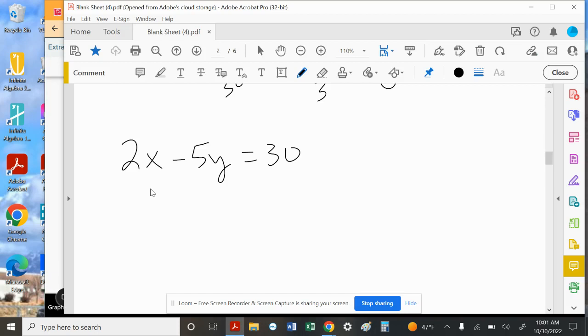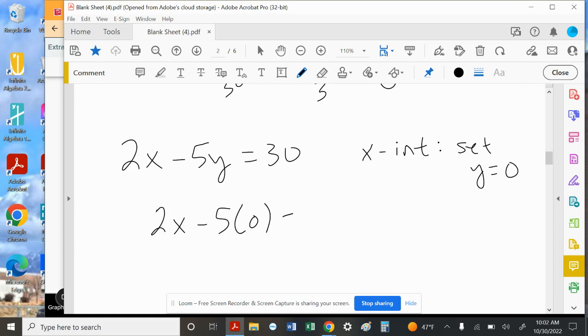To find the x-intercept, we set y equal to 0. So I'm going to plug in y equals 0 there. Minus 5 times 0 equals 30. Of course, this goes away. That's just 0. So we have 2x equals 30.